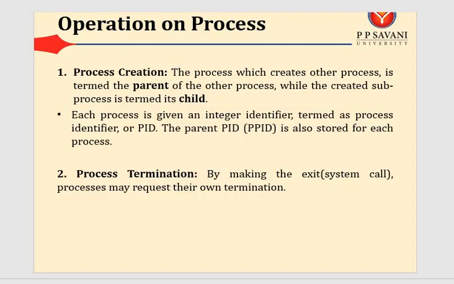Each process is given an integer identifier termed the process identifier or PID. The parent PID, PPID, is also stored for each process. Second one, that is process termination. By making the exit system call, a process may request its own termination.